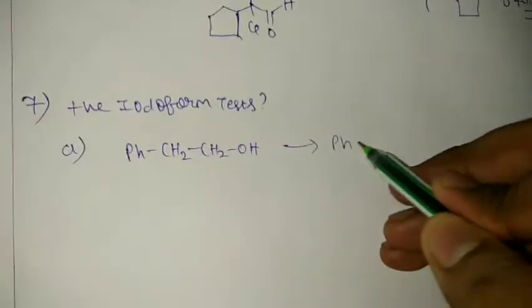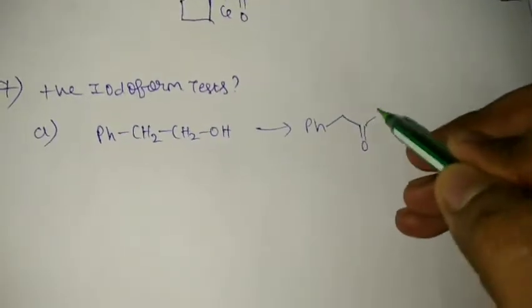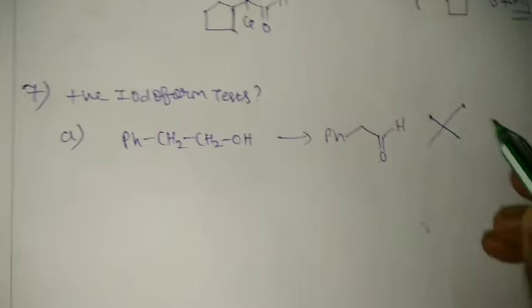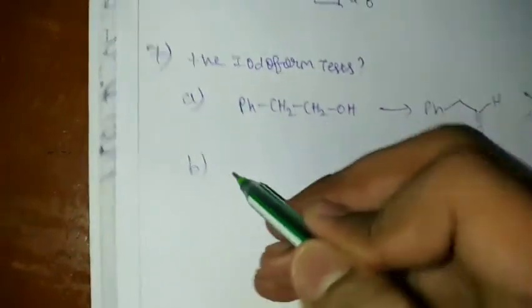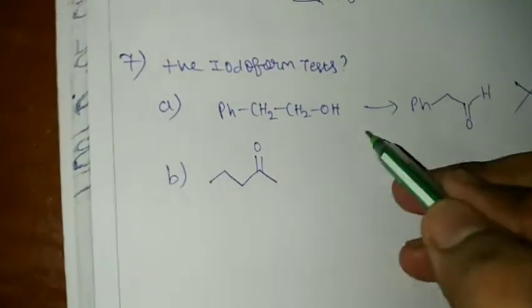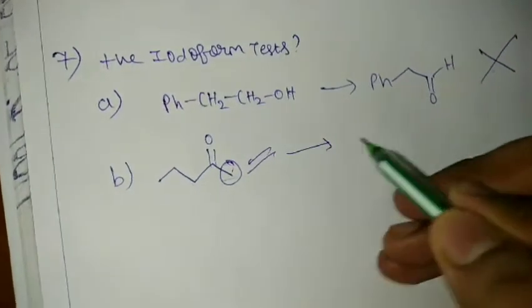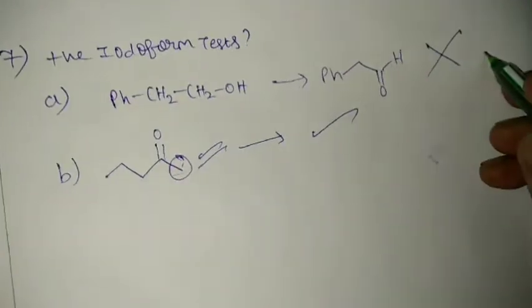This will be CH2, again an aldehyde, right? So no haloform reaction. The next one, pentan-2-one. You have to be fast at drawing bond line formulas. Pentan-2-one has a methyl ketone present. So haloform, yes.